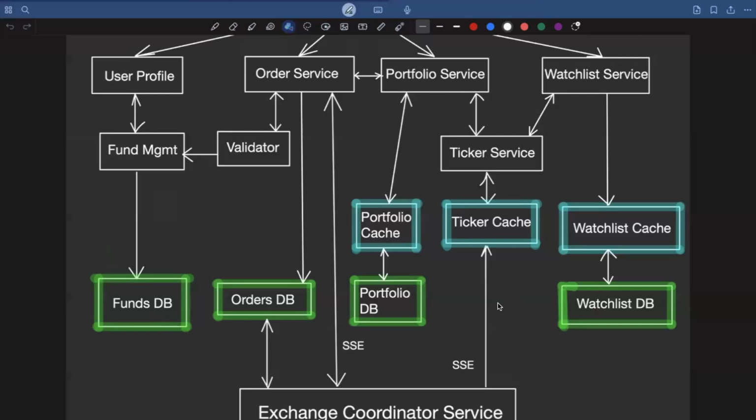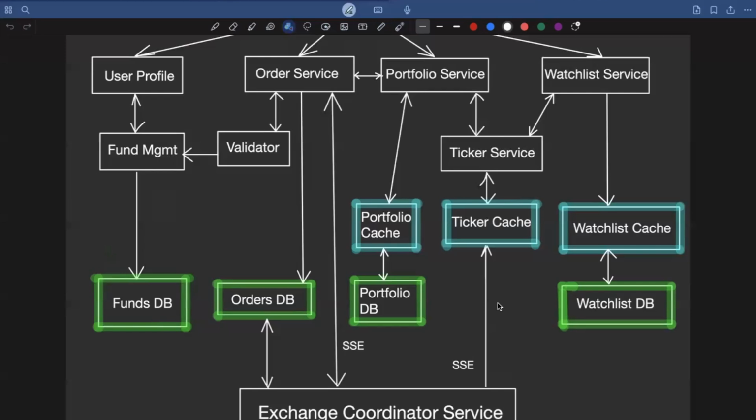So cache should be sufficient to store the stock price. Now, the stock price can be updated either by the exchange coordinator service directly to the ticker cache, or the exchange coordinator service can send SSE or server sent events to the ticker service, and the ticker service can take care of updating the ticker cache.